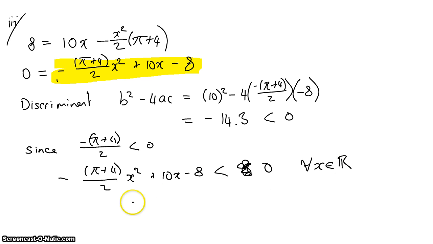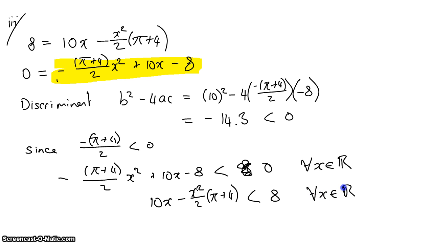So in that case, we can say that (10x minus x squared over 2) times (pi plus 4) must be less than 8 for all real x. So A must be less than 8. Therefore, A cannot be greater than 8. And we are finished.